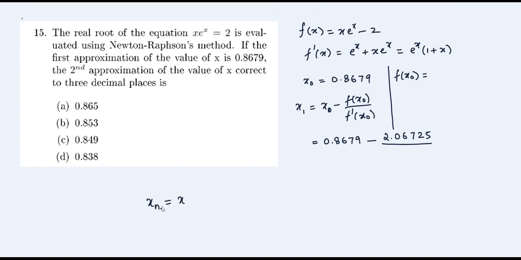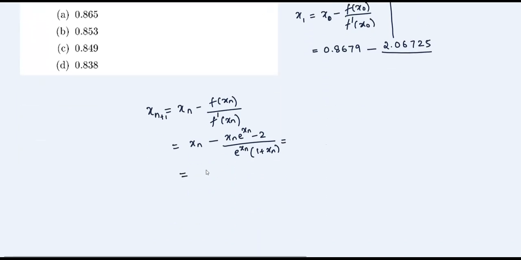xn plus 1 is xn minus f of xn by f dash xn. So we get xn e power xn minus 2 by e power xn into 1 plus xn. When we simplify, I'm just trying to see. xn e power xn plus xn square e power xn minus xn e power xn plus 2.